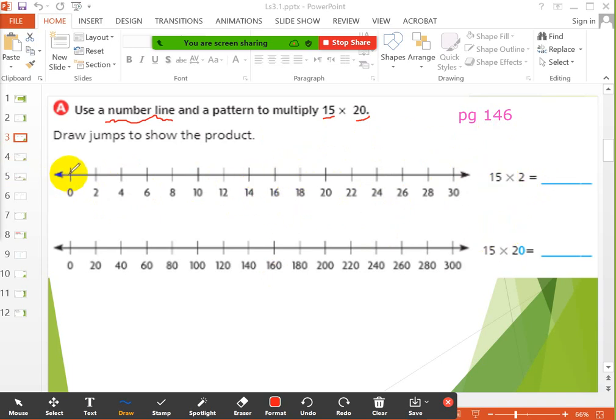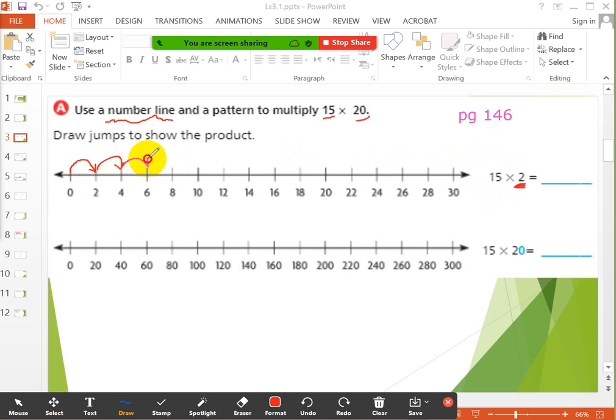You know that I will jump on the number line 2 steps. This is 2, from 0 to 2. I will jump 2 steps and I will repeat this jump 15 times.